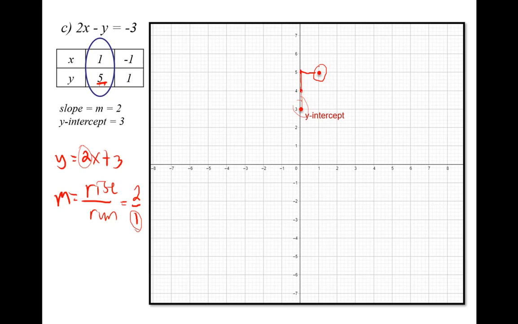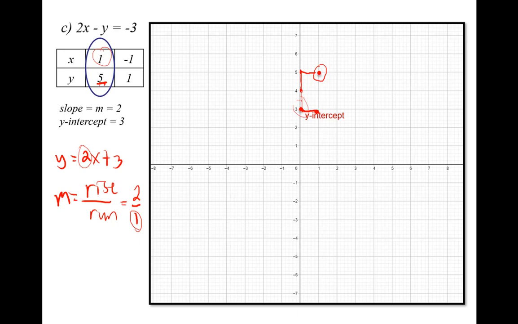Kapag positive na rise, you go above the y-intercept. Okay? Ayan. So, dahil nag-positive rise tayo, we went above the y-intercept, kailangan nating mag-move or mag-run ng 1 unit to the right of the y-intercept. Okay? So, itong y-intercept natin, mag-move tayo 1 unit, 1. Ayan. That's why we have a value of x right here, nakapartner ni 5, na 1. Okay? So, 1, 5.